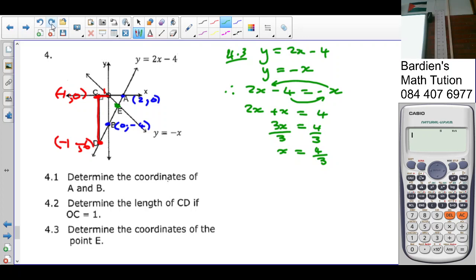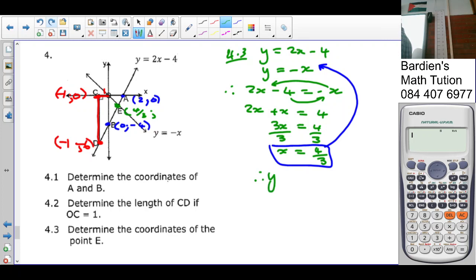So the x coordinate is 4 over 3, and to calculate the corresponding y value, you substitute this into either the first or the second equation. It's easier to use the second one. So y is equal to negative 4 over 3. Therefore, the coordinates of E are 4 over 3 and negative 4 over 3.